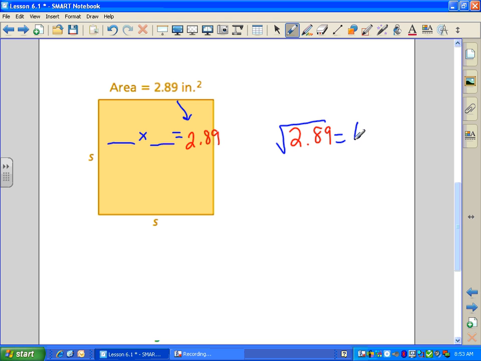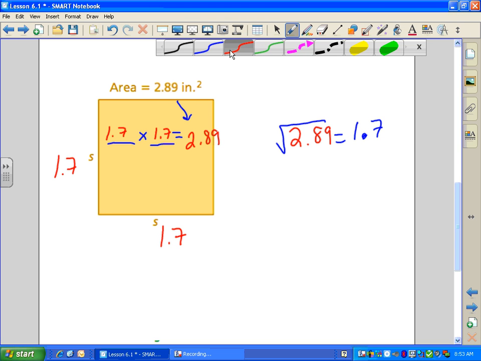When you do that, the square root of 2.89 is 1.7. So we say 1.7 times 1.7 gives you 2.89. So each side of this square would be 1.7, don't forget your unit, inches.